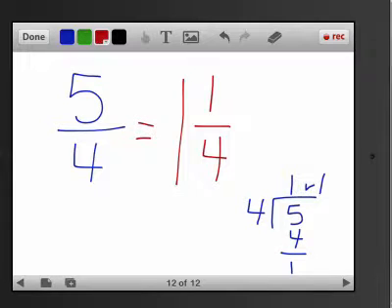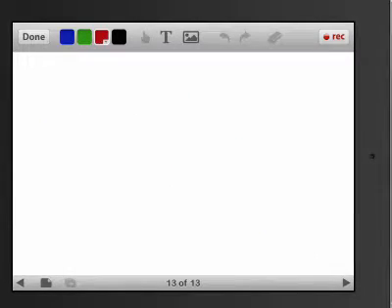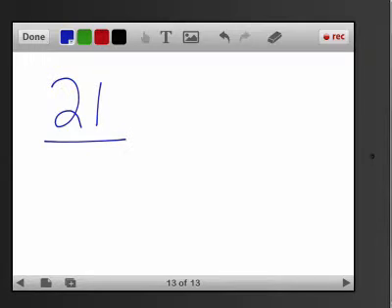Let's do another example. My next example is going to be 21/2. I need to think how many 2's are in 21. You might be able to do this in your head. Let's divide it out.